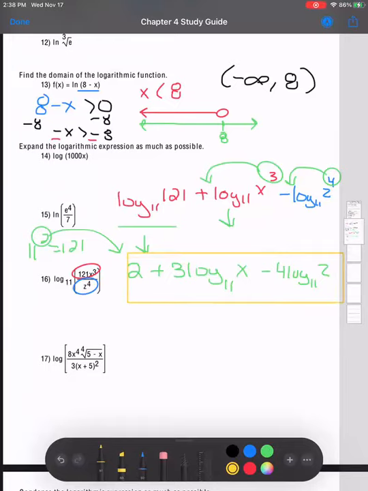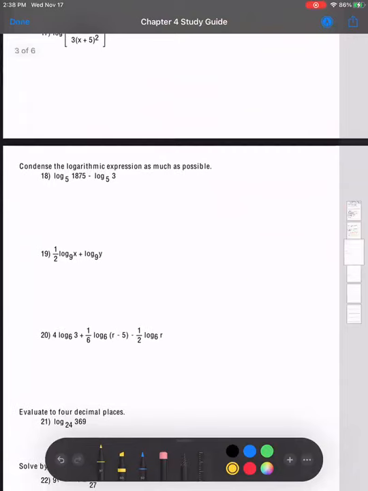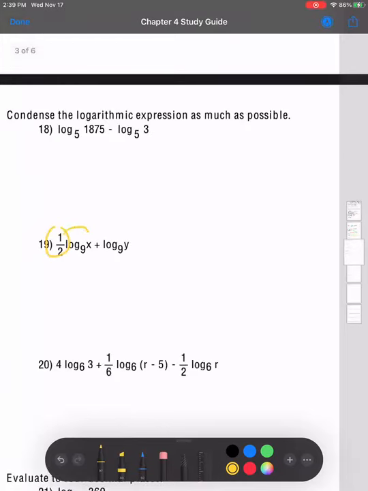Okay, moving on to number 19. For 19, first we're going to go ahead and take this 1/2 and put it up top of that x. So then we're going to have a log with a base of 9 of x to the power of 1/2. And then you can leave the log of y by itself.